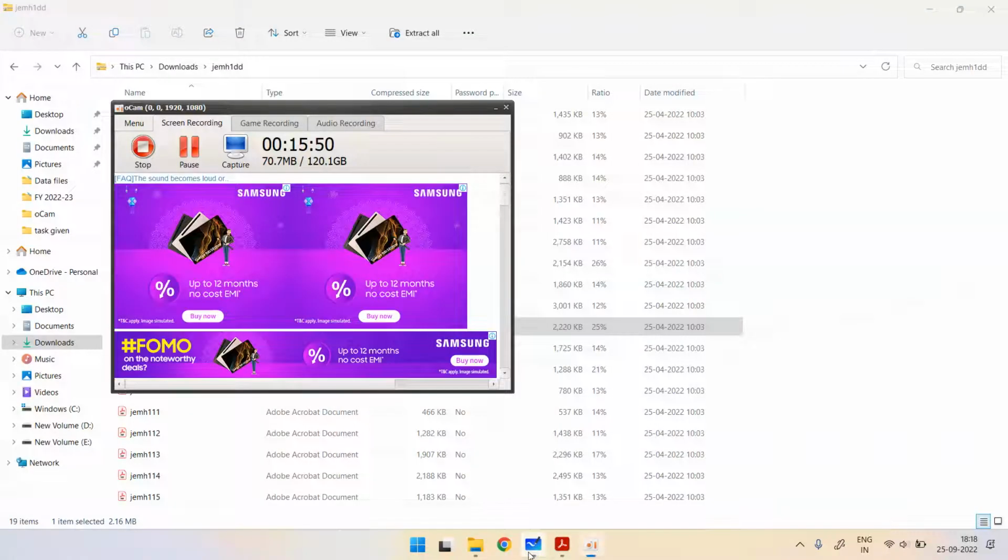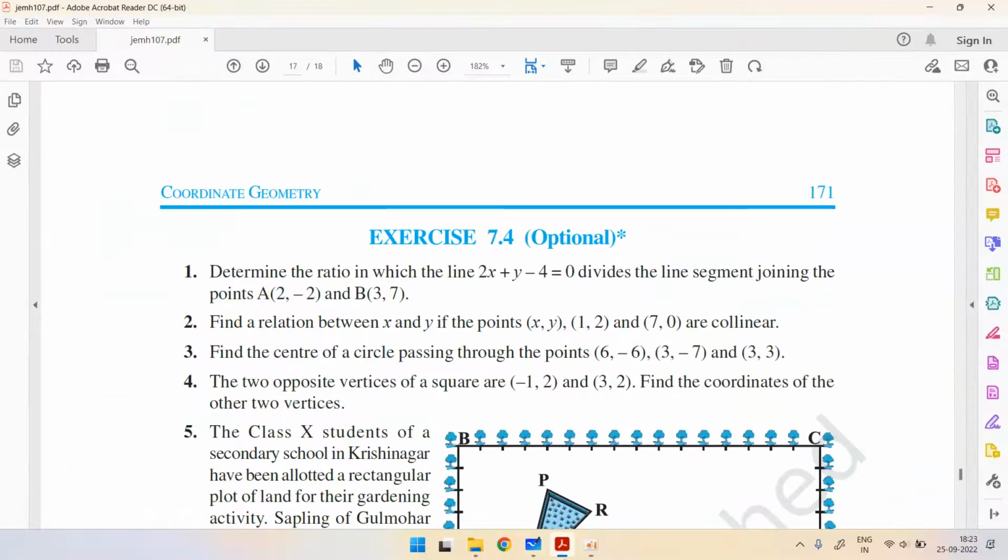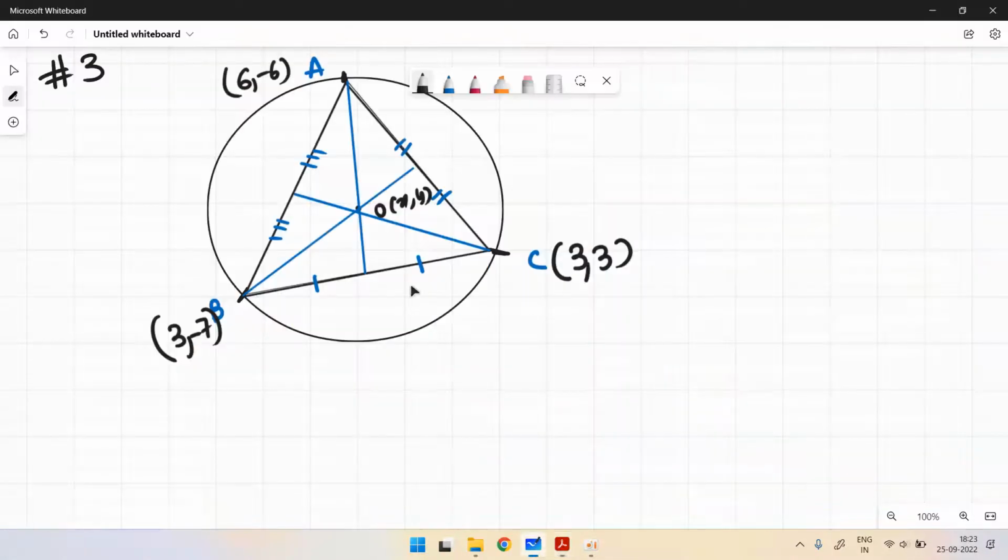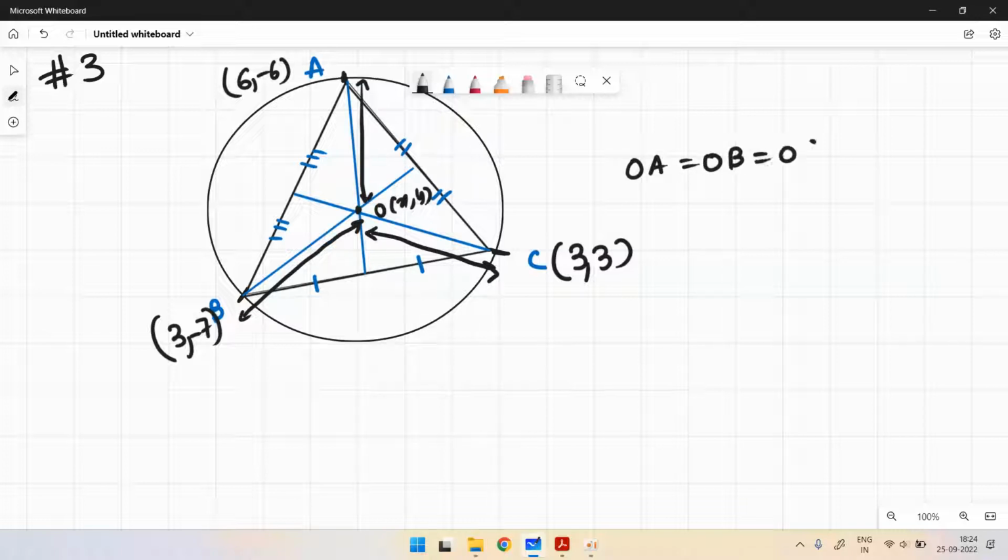Now, see, this is a circle with center O. So the distances OA, OB and OC will be the same because it is the radius of the circle. OA equals OB equals OC, which is nothing but the radius of the circle.